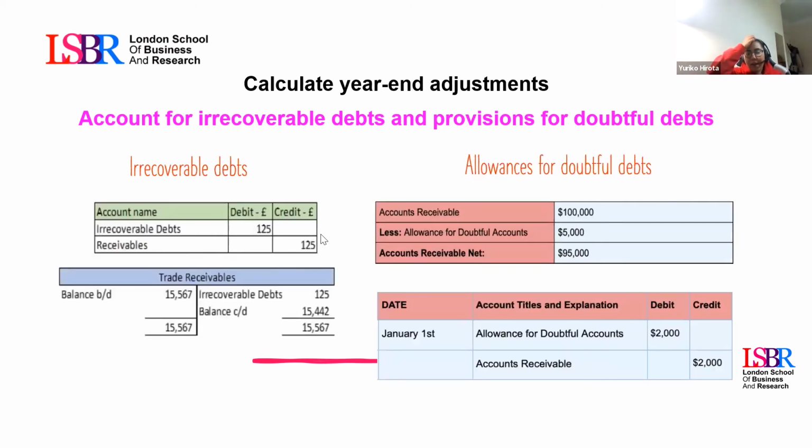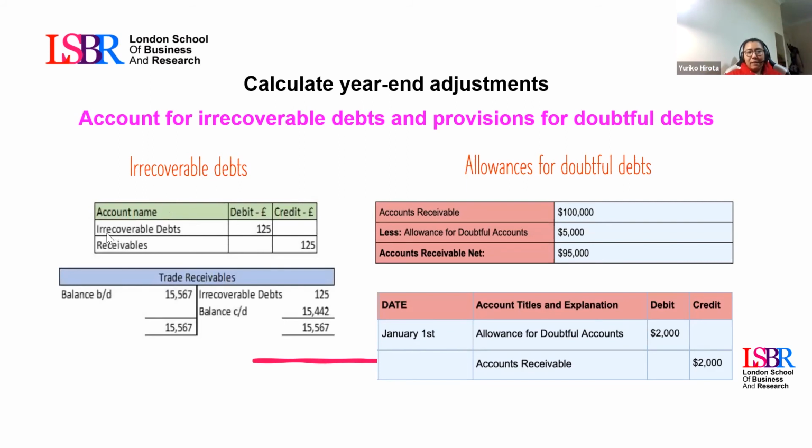So these are the entries in both of the cases. For example, in the case of irrecoverable debts, this is almost a fact. It's 90% or almost 100% that the client won't pay us.